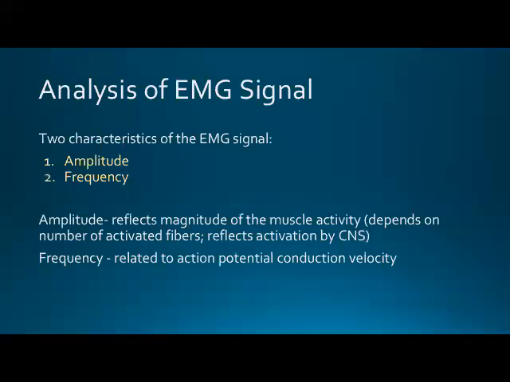If you have a higher action potential shown by EMG frequency, that could mean that larger, more type 2 motor units are contributing to that particular muscle action. There are ways to wiggle around these limitations, but in general, that's what these two things mean. Amplitude is general or global activation, which could be a function of recruitment or firing rate. And then the EMG frequency is the quickness of that action potential conduction velocity.